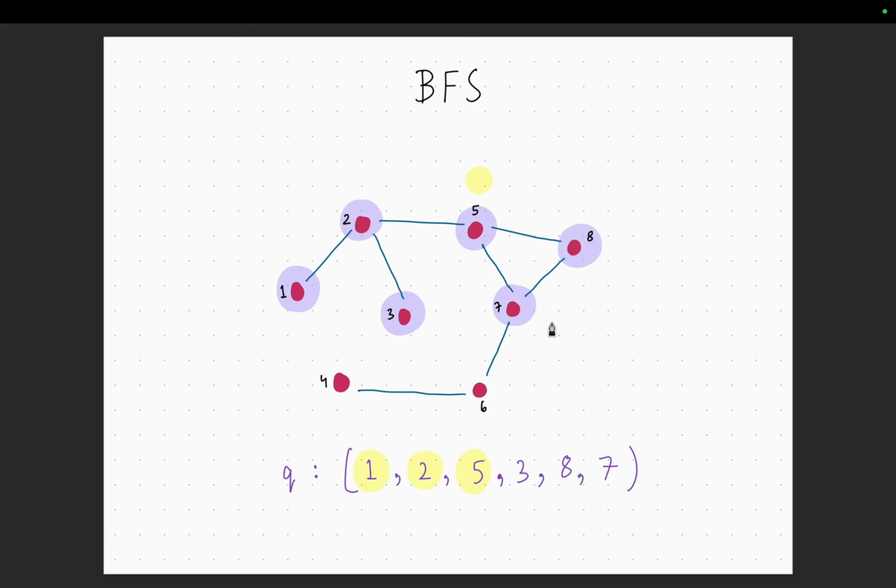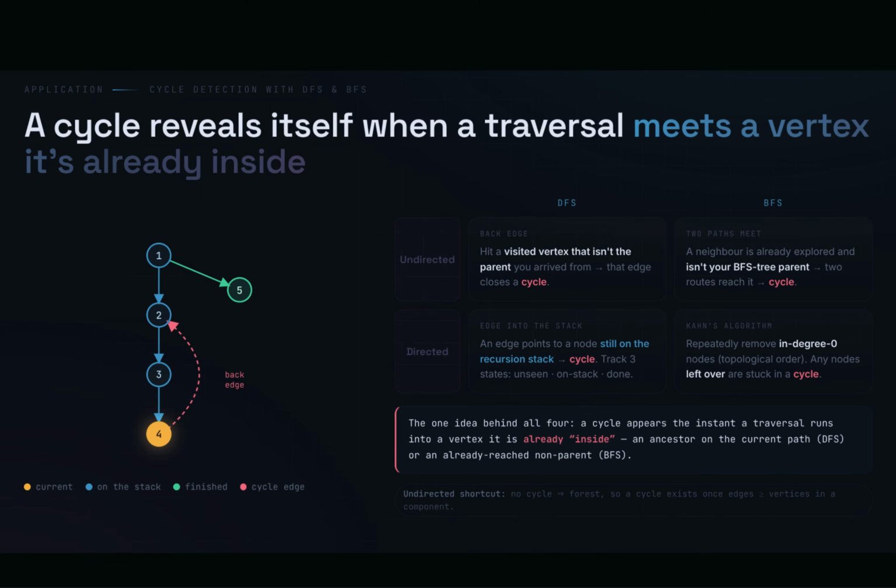Next, I was also supposed to cover cycle detection. So I'm just going to tell you how it works. It's really simple.